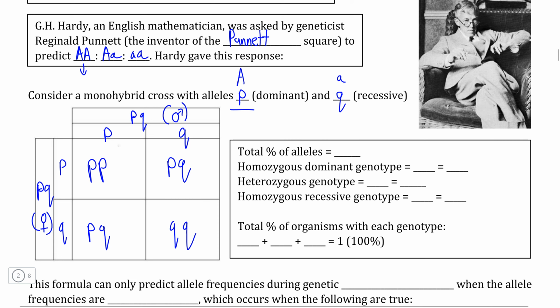Now from this, G.H. Hardy developed a relatively intuitive equation based on the probabilities that we see here. So the total percent of all alleles is obviously 100% here, and if we look at the probability of producing a homozygous dominant genotype, our PP, well, P times P is what G.H. Hardy called P squared, because P times P is, well, P squared, and then the heterozygous genotype, what we call PQ.